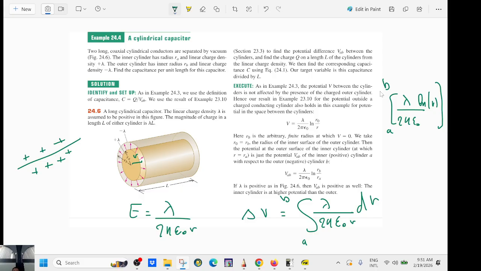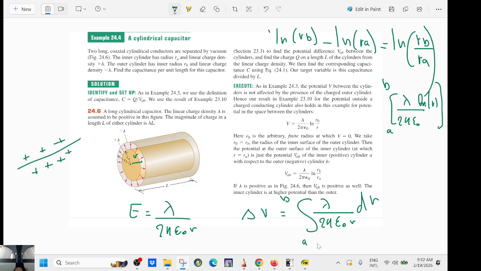You don't have to worry about the sign, because at the end you know the positive will be at a higher voltage, so you can adjust at the end. When you subtract logs, it's going to be the log of the ratio, from math.